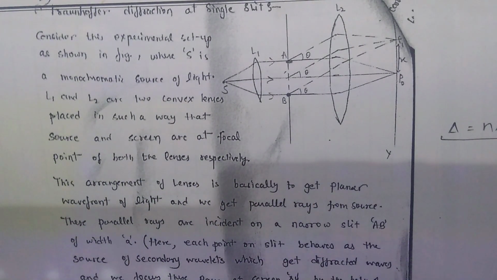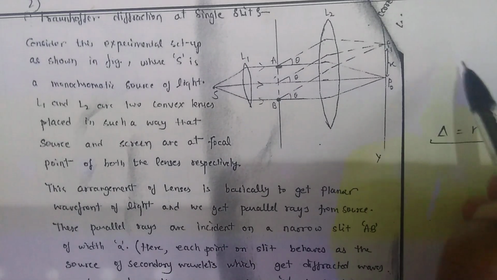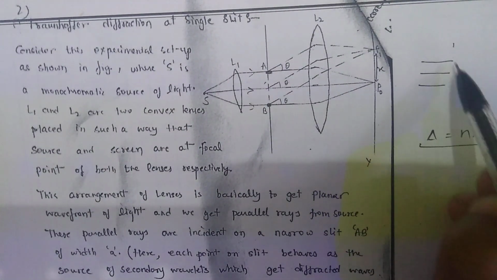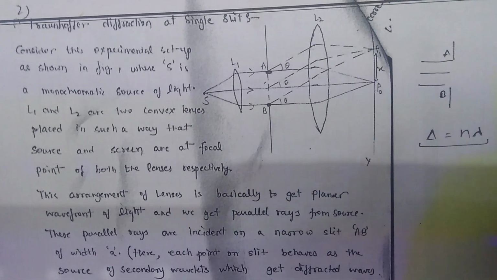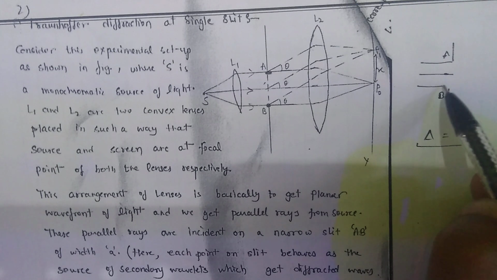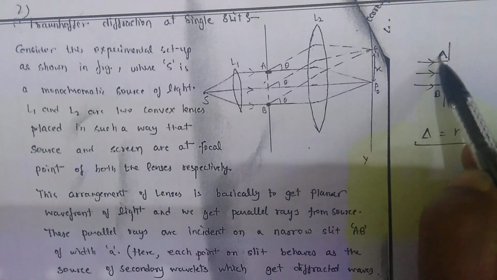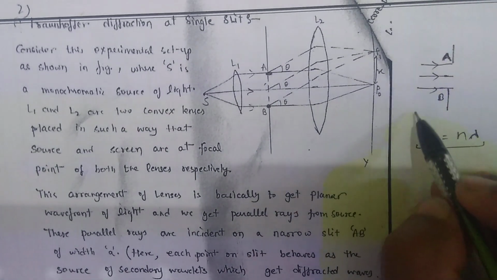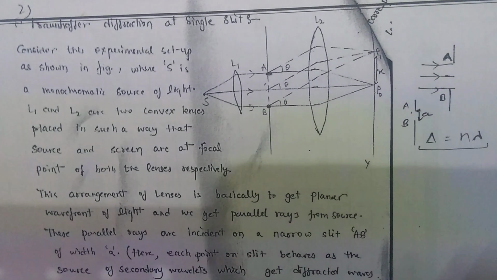To explain this, we consider the whole planar wavefront falling at this slit AB, right? This point is A, this point is B. Let the opening of the slit be a.